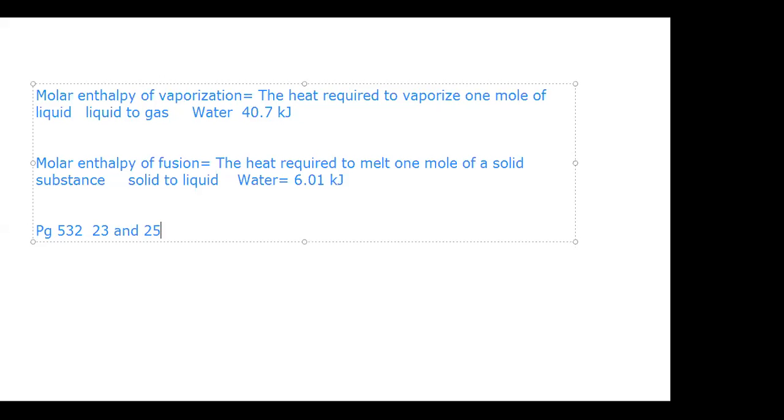So really, you're just going to take that many grams of methanol. You'll have to change grams into moles, and then multiply that by the change in vaporization there. Or no, solid methanol, that'll be the change in fusion. Excuse me.